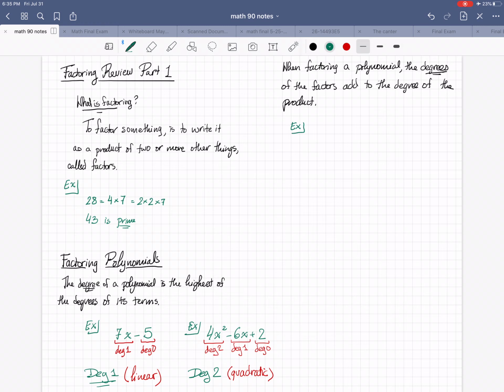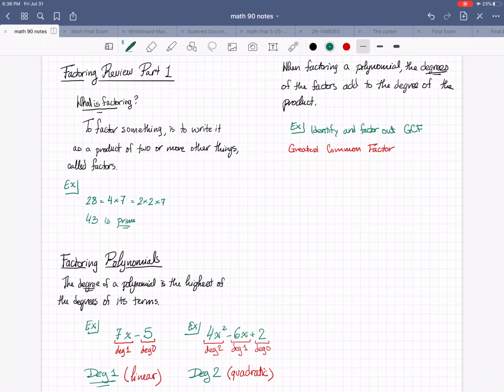And for this example and all of the ones after it, we're going to focus on one factoring technique. We're going to focus on identifying and factoring out the greatest common factor. Okay, so that's abbreviated as GCF, the greatest common factor.